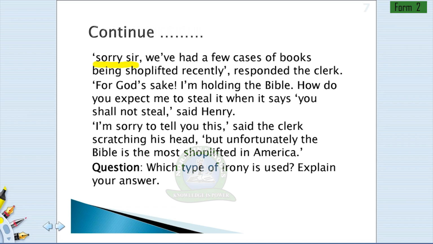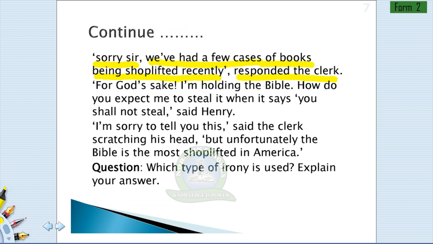"Sorry, sir," he said. This is an apology, because they met 2 times in the same case. "We had a few cases of books being shoplifted, being taken away without any permission recently," responded the clerk.